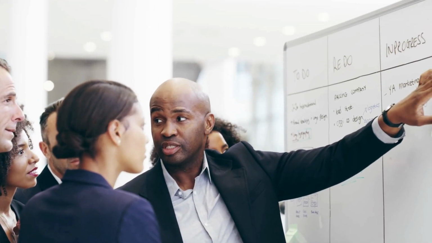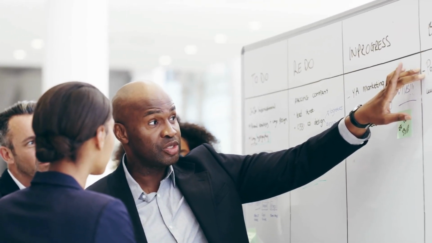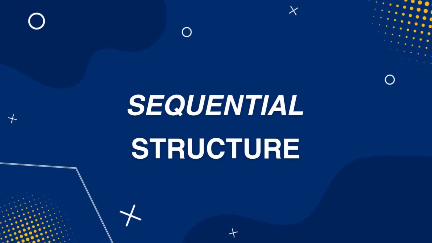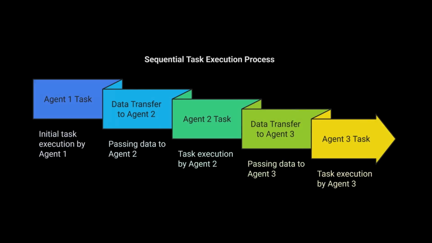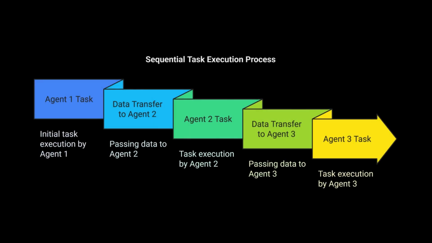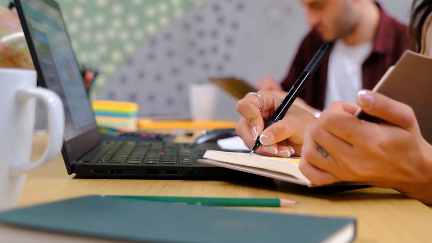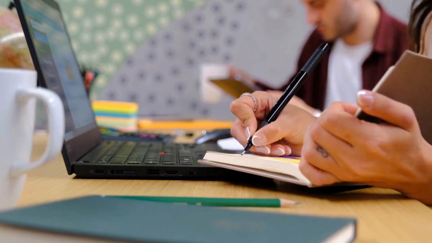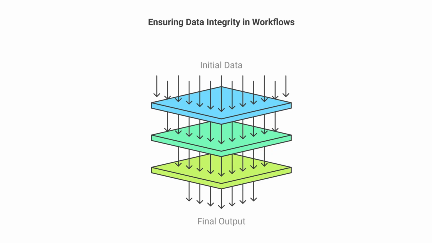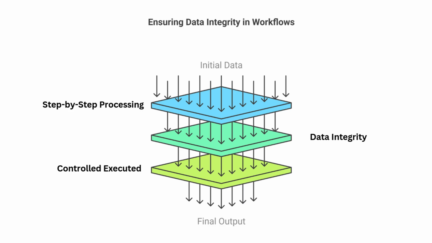To understand the real power of AI agents, we have to understand the types of multi-agent structures. Number 1, sequential structure. A sequential structure means that the agents perform tasks one after another in a predetermined order. Each agent completes its tasks and passes the results or processed data to the next agent in the sequence. This is useful for workflows that require step-by-step processing, ensuring data integrity and controlled execution.